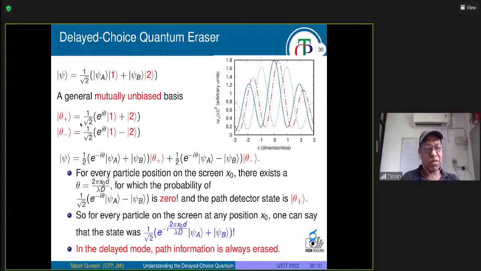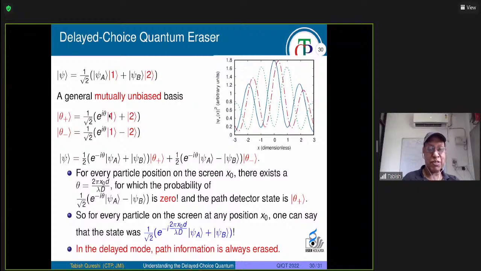So for the quantum eraser, we had chosen these plus and minus states, which were the combinations 1 plus 2 and 1 minus 2. But I can choose a general mutually unbiased basis where I have e raised to the power i theta. The states which we had chosen earlier correspond to theta equal to 0. But they are not secret states. If you choose this state as the one you want to use for quantum erasing, quantum erasing will still be possible.